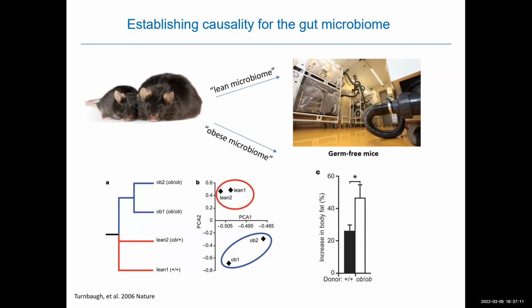So this study was proof of concept that germ-free mice can be used to look at the causal link of gut microbiome to disease, and to study microbe-host interactions, in a model in vivo, to be able to validate these changes in microbiome composition.